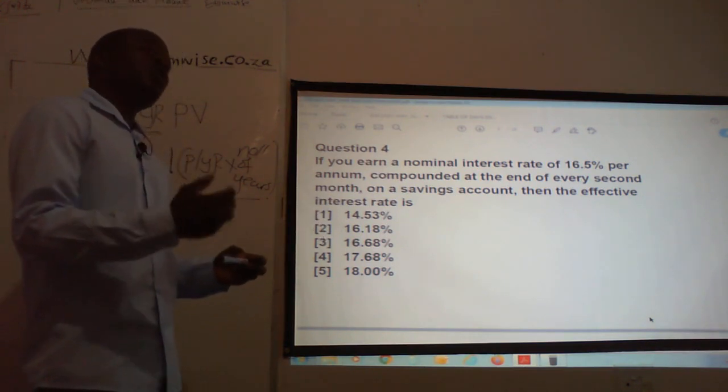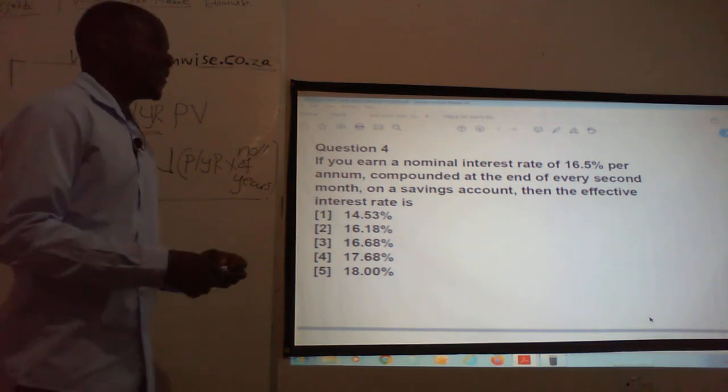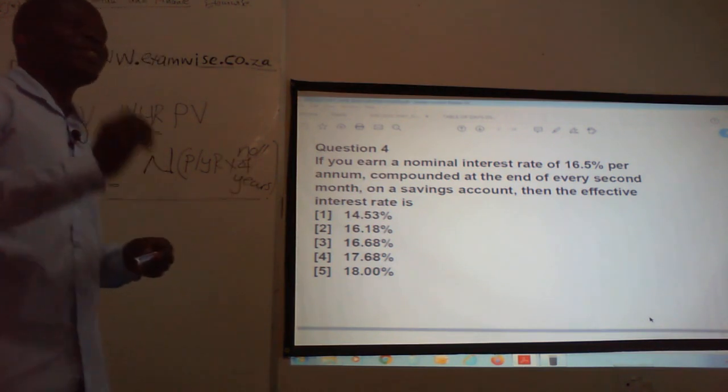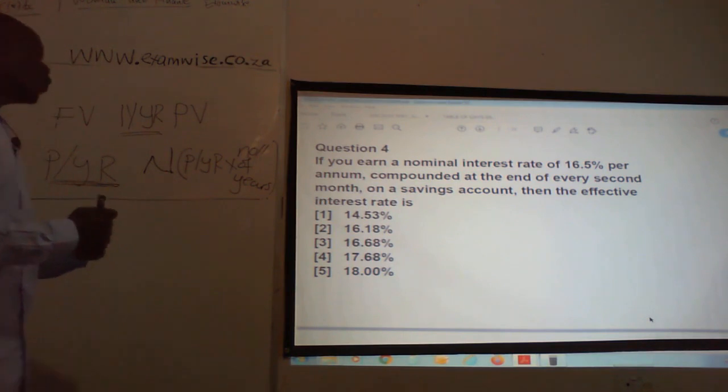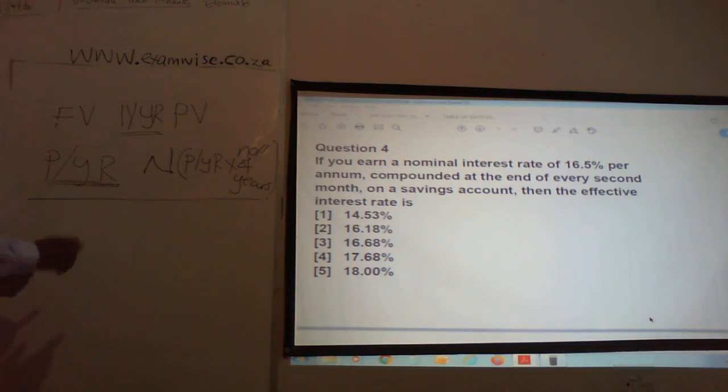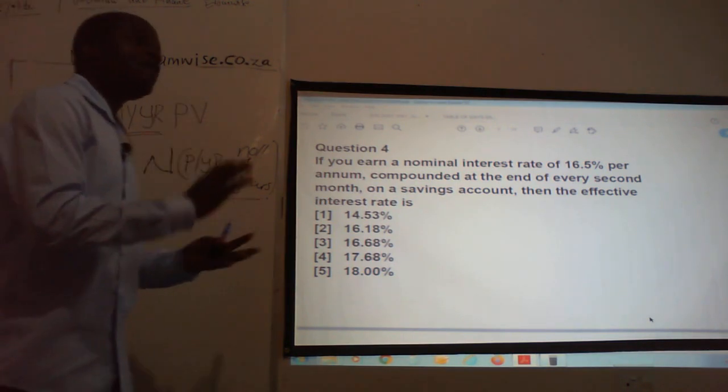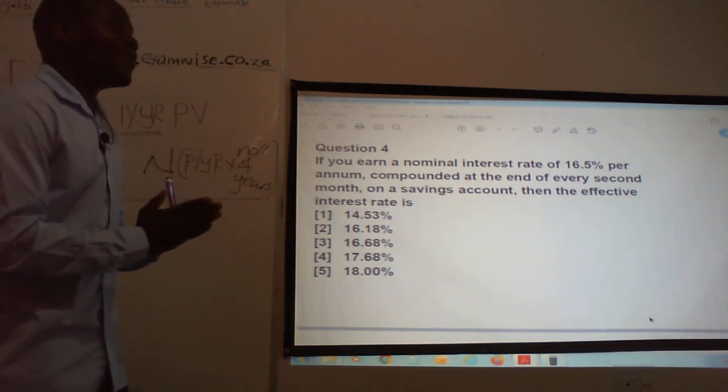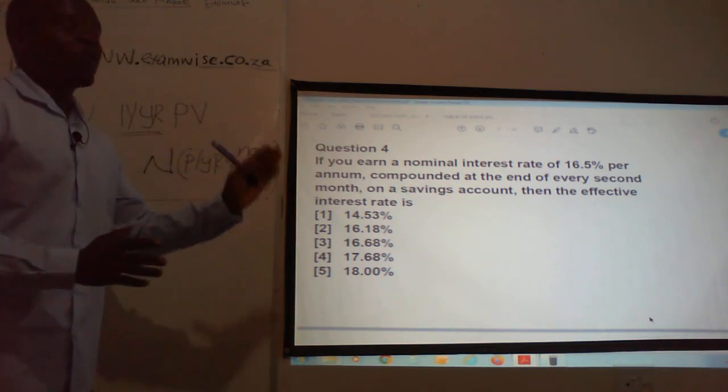And effective interest is simple to calculate since we only need 2 variables, and the variables will be clear from the question.